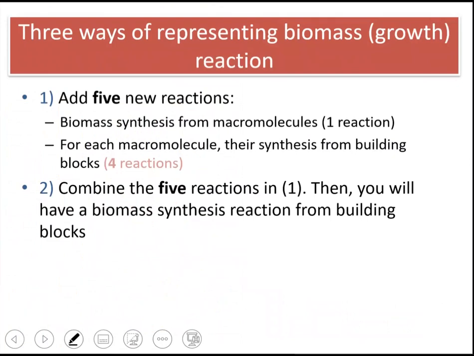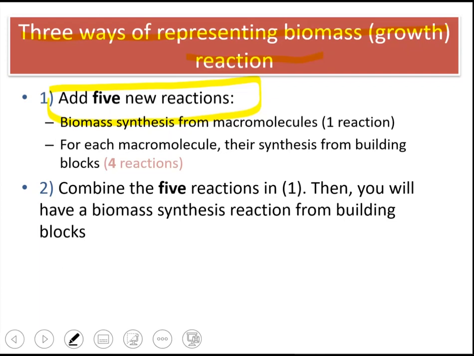So indeed there are 3 ways of representing biomass reaction in metabolic network models. One, we have already talked about: add 5 new reactions to your already compiled list. Why 5?